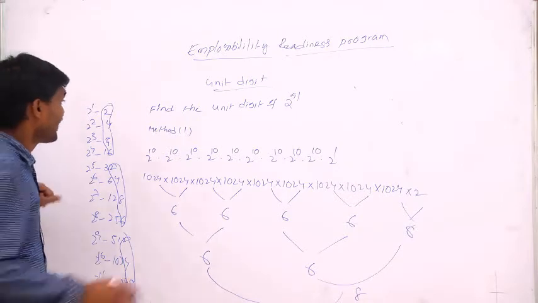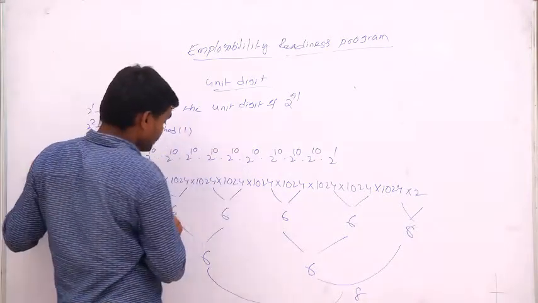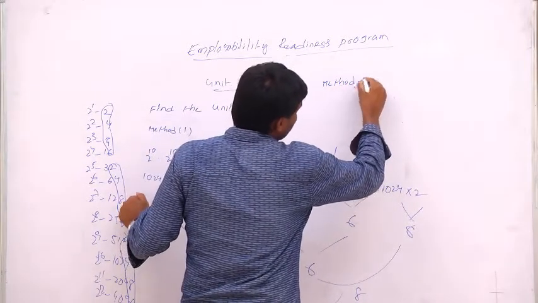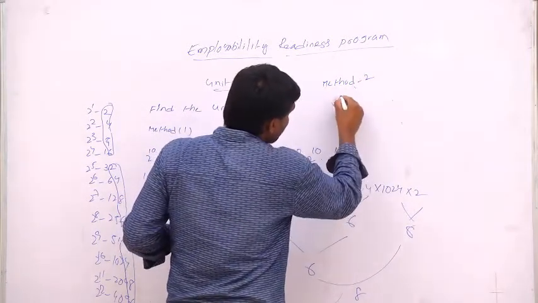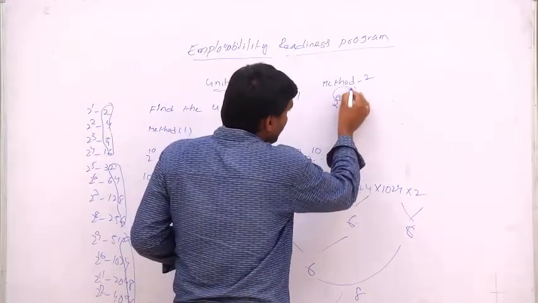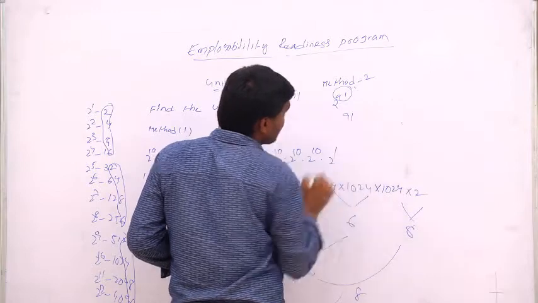So that's why you can take method 2. Take 2 power 91. Take the power value, which is 91.